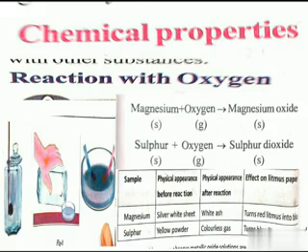For example, graphite, the graphite we use in pencil lead. This graphite is a good conductor of electricity. We know that metals are good conductors of electricity.